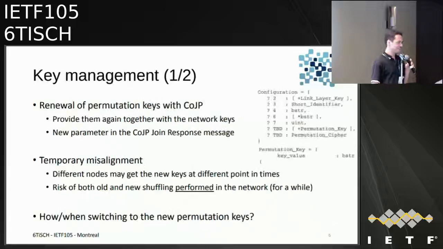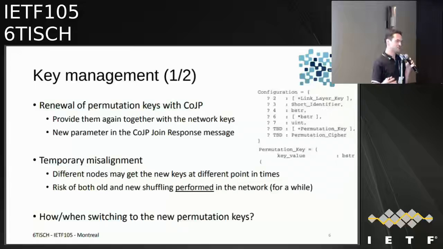Yes. So after the reviews, the discussion continued a bit on the list, especially between Malisha and Michael, to cover the particular aspect of key renewal in the network. So right now, using the minimal security framework, in the join response we are additionally providing the permutation keys needed to implement this solution. And in case you have network rekeying, you are supposed to use the same message again and distribute new permutation keys as well.